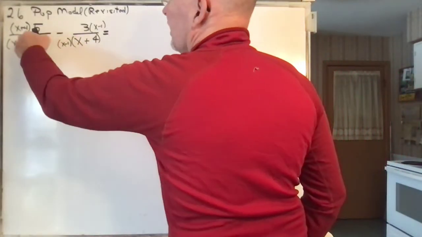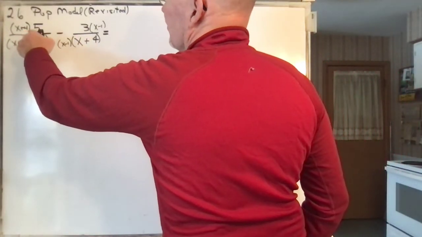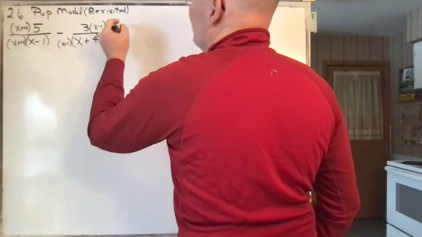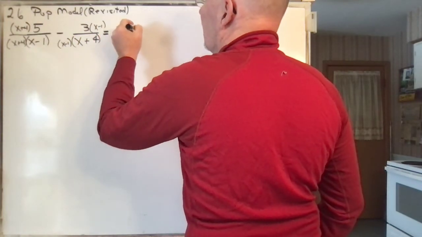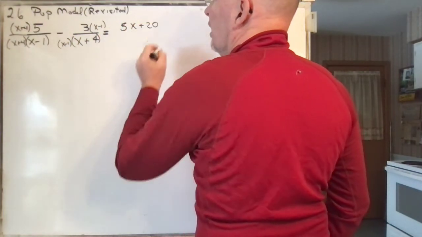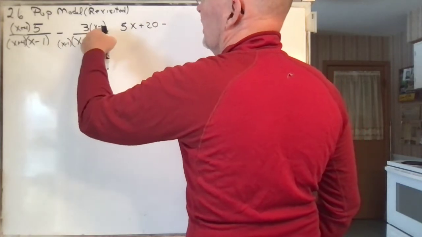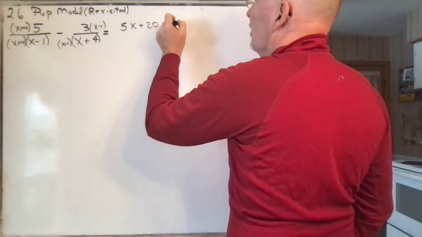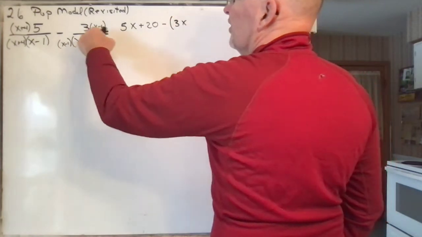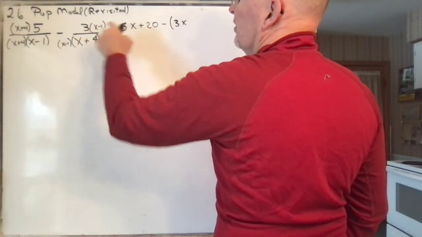So once I have that, I'm doing several steps in one here. I'm going to get 5x plus 20. And then subtract, here I'm going to get 3x minus 1. Or I should say 3x minus 3.